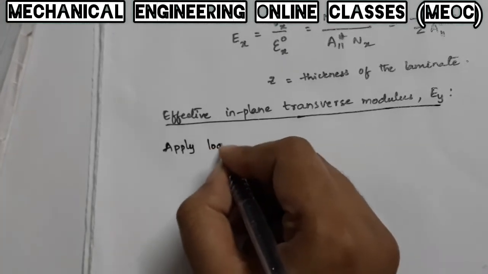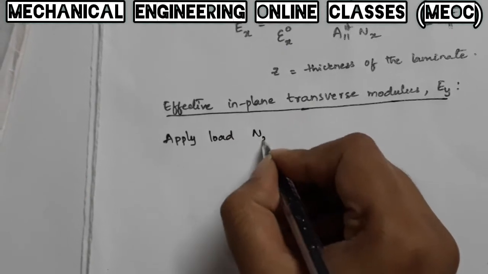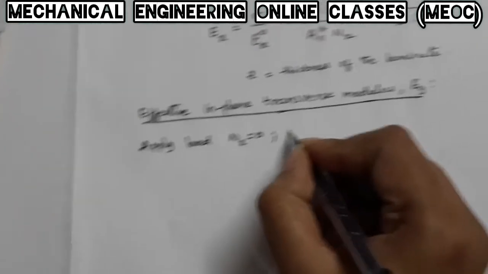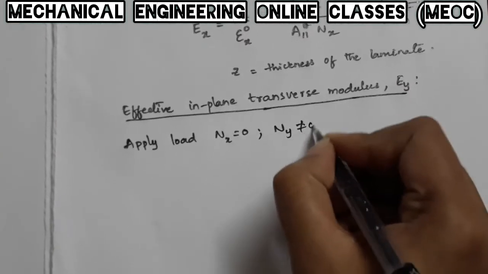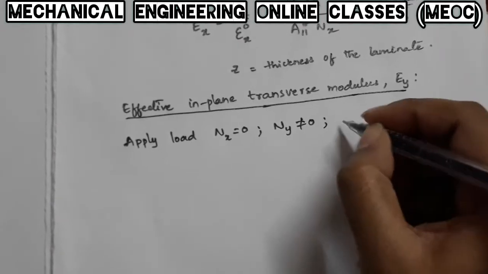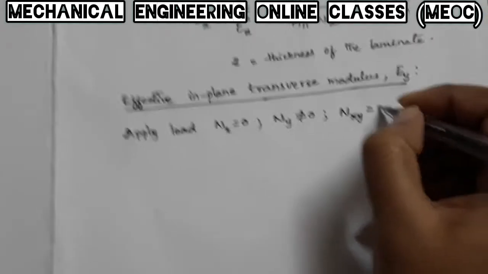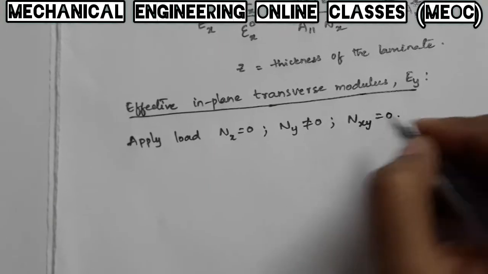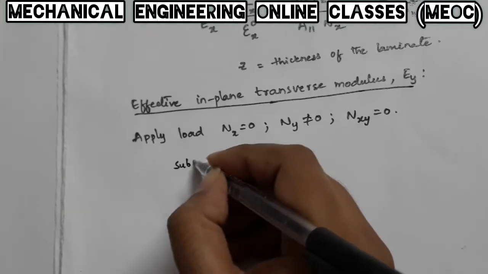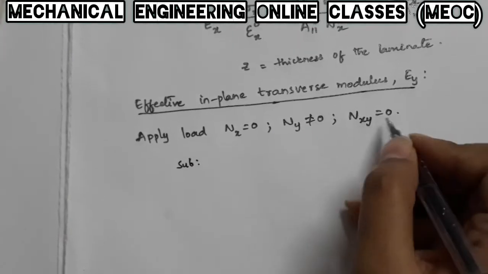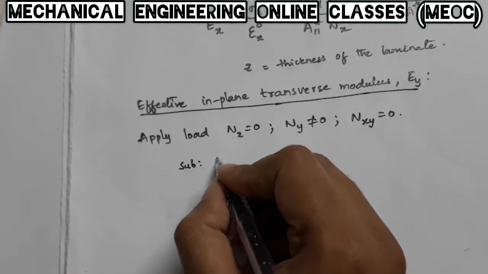Apply load such that nx is equal to 0, ny is not equal to 0 and nxy is equal to 0. So I have to substitute these values in equation 4.